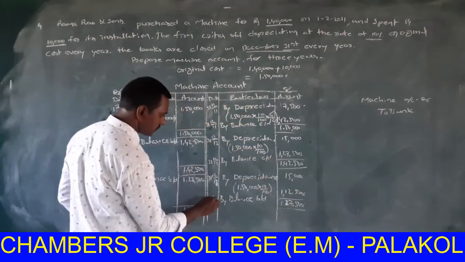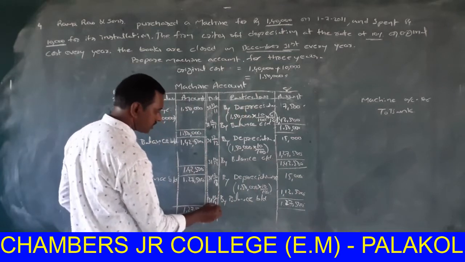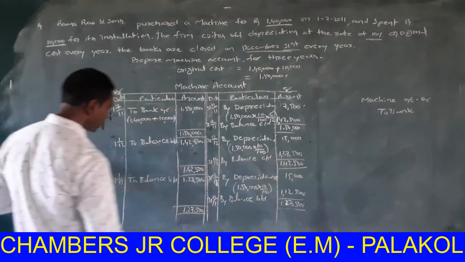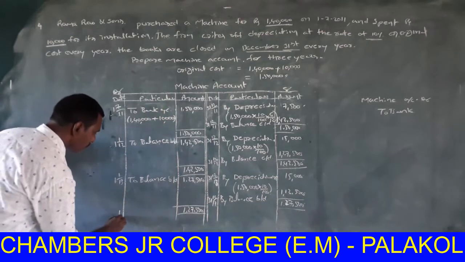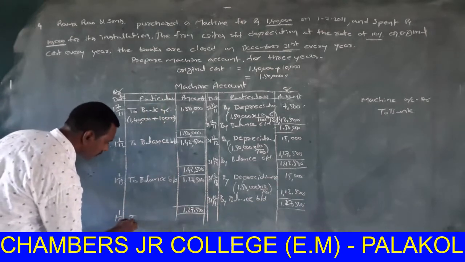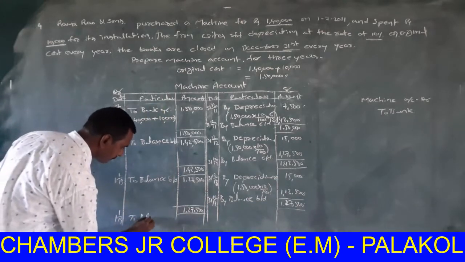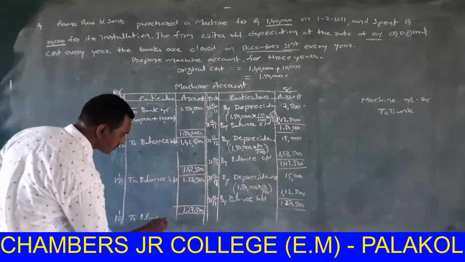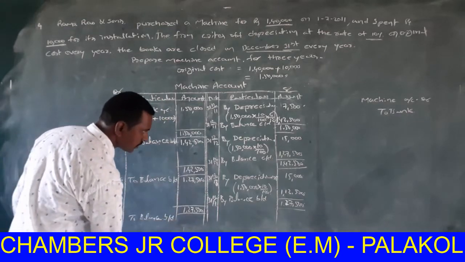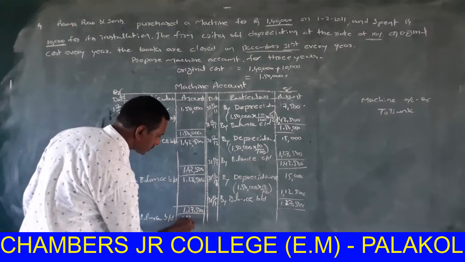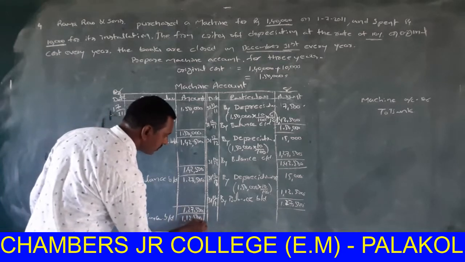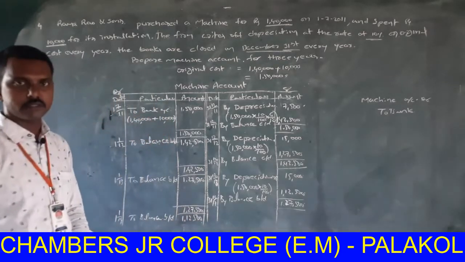Same date, 31/12/2013. Now the balance is transferred to next year, 1/1/2014, to balance brought down rupees 1,12,500. This is the answer.